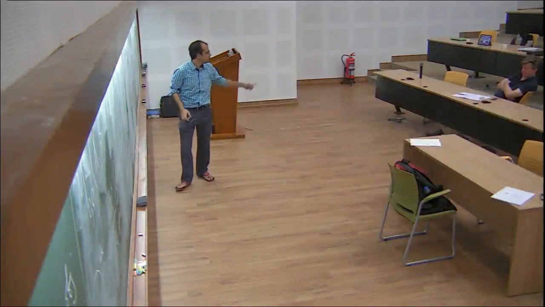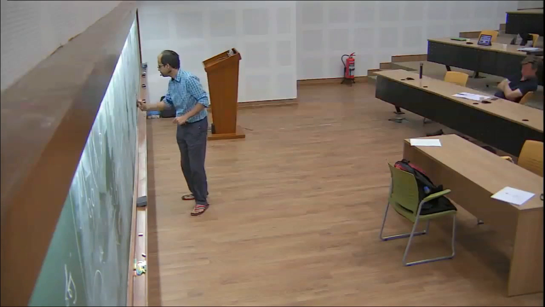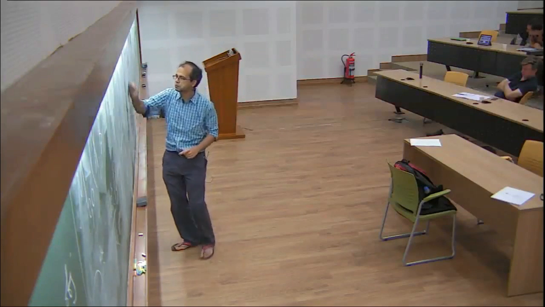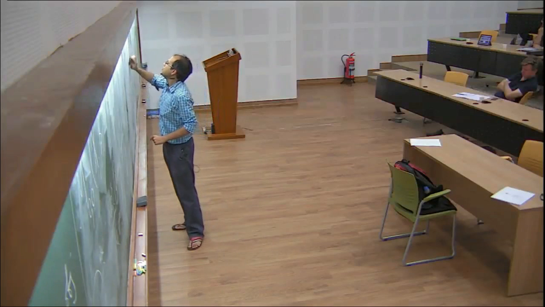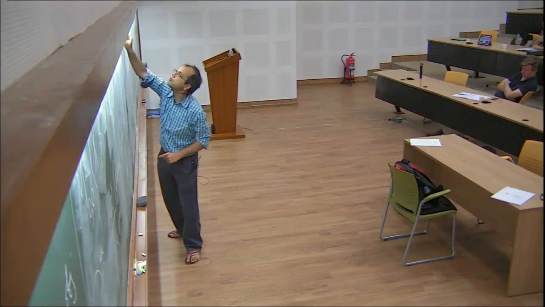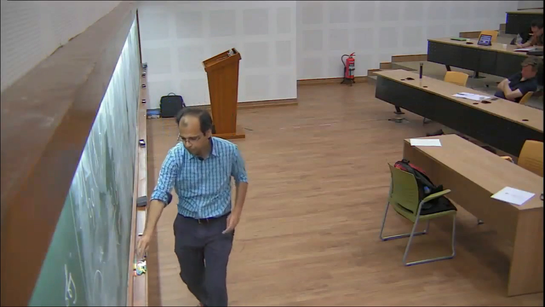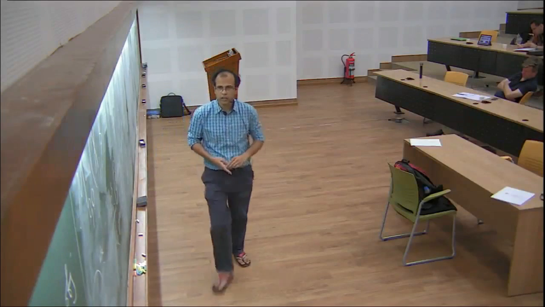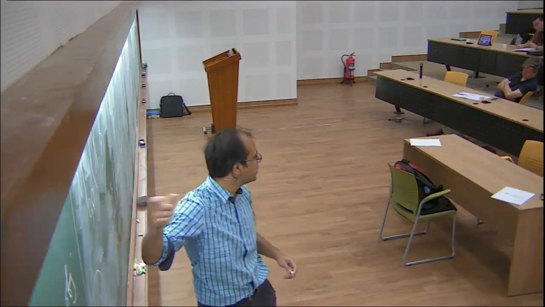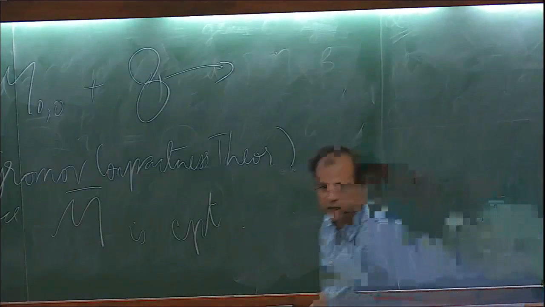So since I have some time, let me first say how I'll interpret Kontsevich numbers using this M bar. So first I now want to interpret this number, the number of degree D curves through 3D minus 1 points.